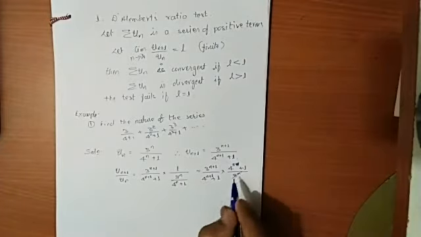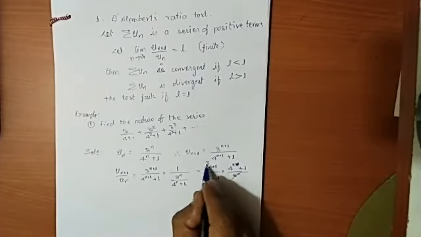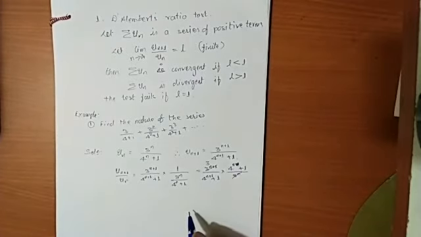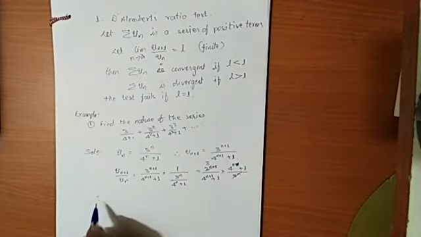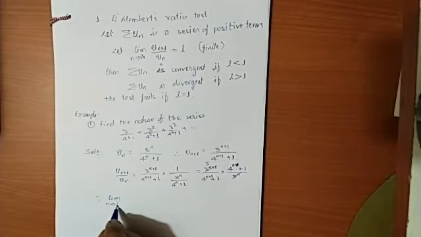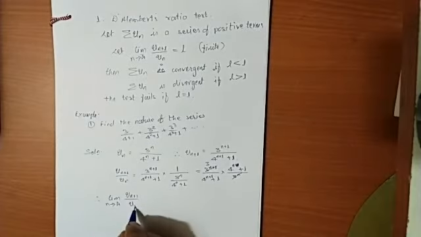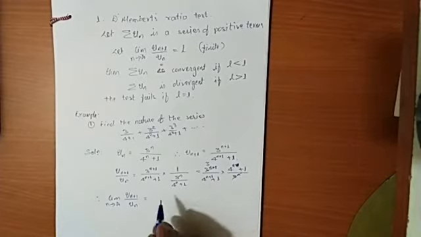Here 3 raised to n plus 1 cancels, leaving behind 3. So this will be equal to, therefore, now I go for the limits directly. Limit n tending to infinity of u_{n+1} over u_n will be what? 3 is outside.